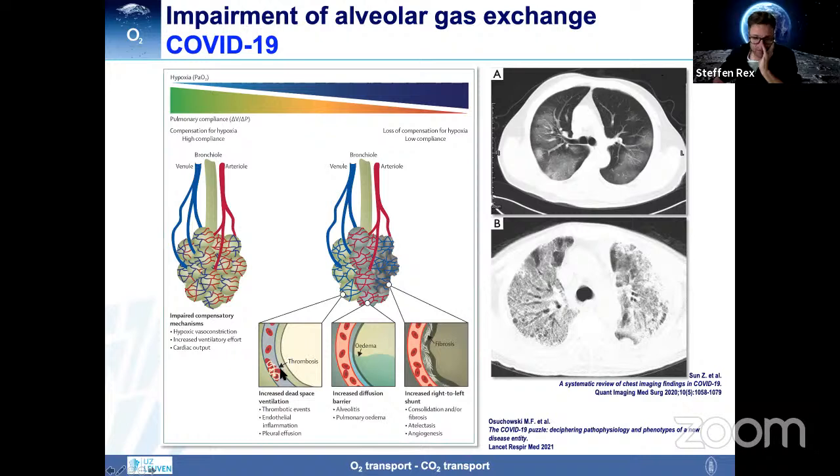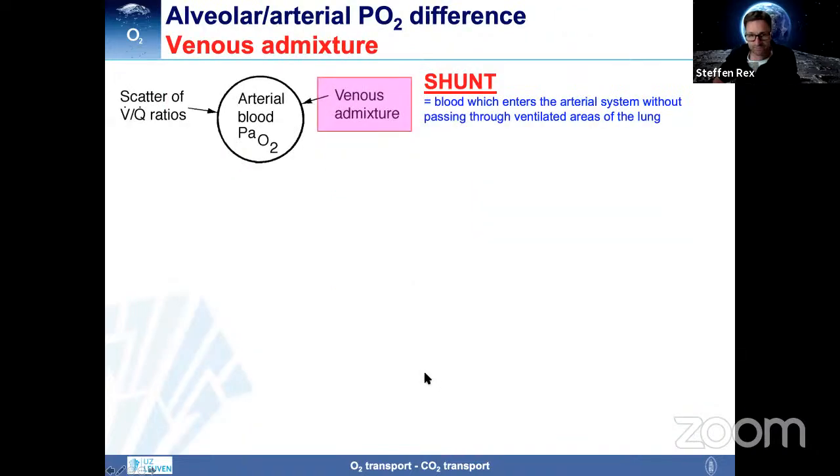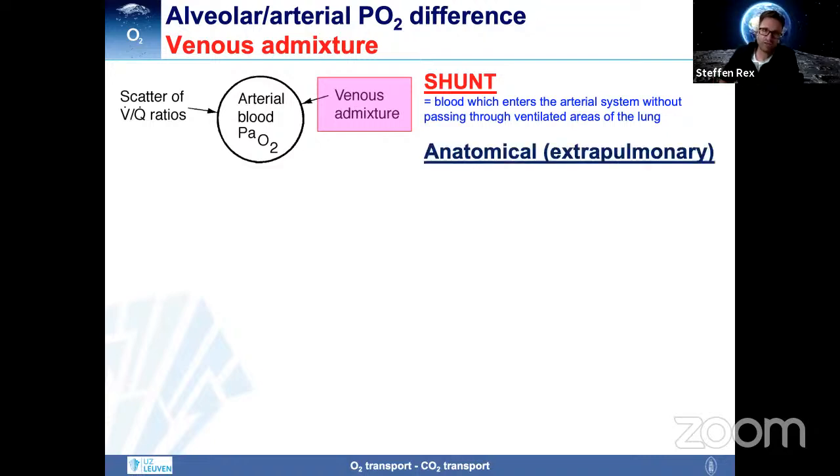Where you have no blood flow due to the thrombosis, you have dead space ventilation. On the other hand, you have for sure edema, which I described earlier, so a lot of diffusion problems. And in the later stages, as in every ARDS, you will have lung fibrosis, which also causes a diffusion barrier. And then the venous admixture is also very important.